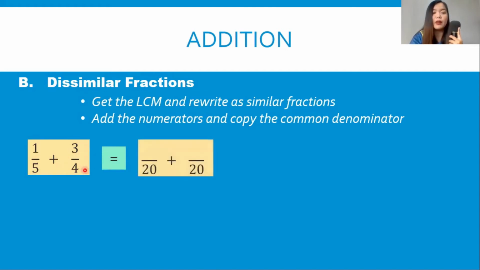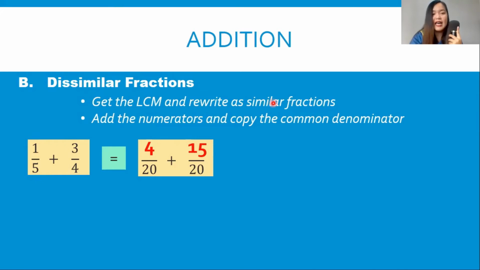The LCM of 4 and 5 is 20. Rewrite that by doing this method. 20 divided by 5, we have 4 times 1, so ang ilalagay natin dito is 4. On the other fraction, 20 divided by 4, we have 5 times 3. Ang ilalagay naman natin dito is 15.